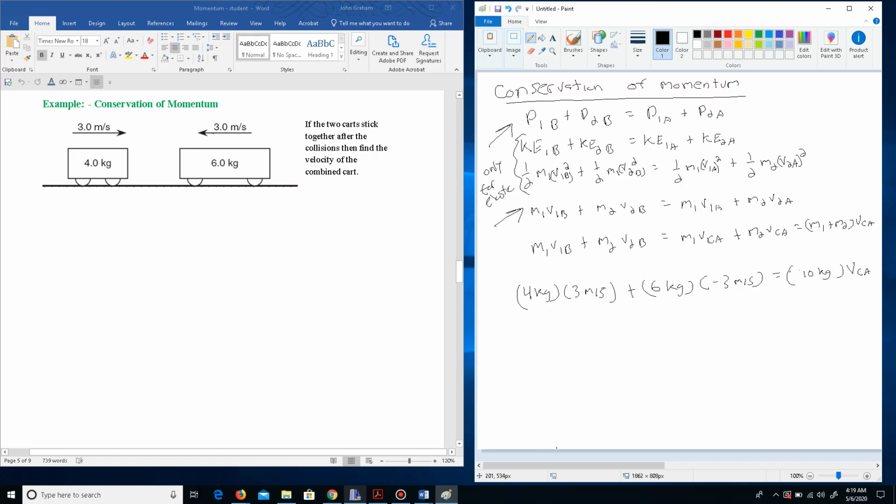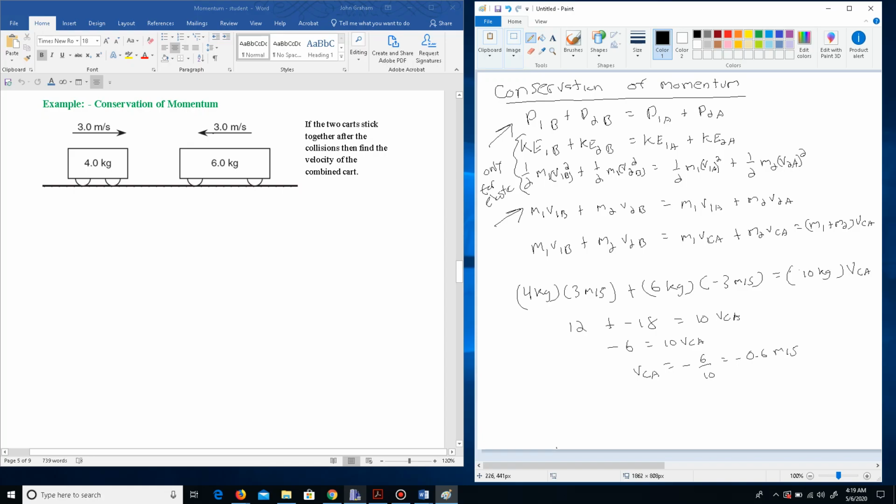Okay. So this becomes 12 plus a negative 18 equals 10 V_CA. And so negative 6 equals 10 V_CA. So the velocity after for both of them is going to be negative 6 over 10 or negative 0.6 meters per second.